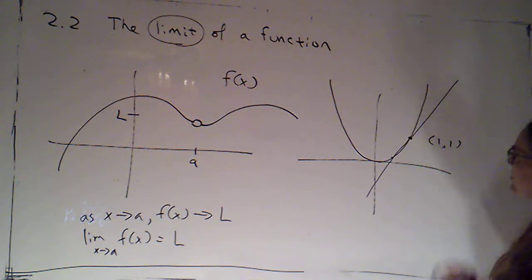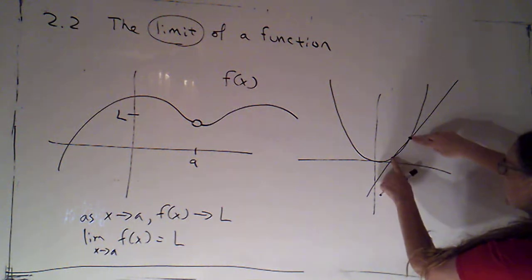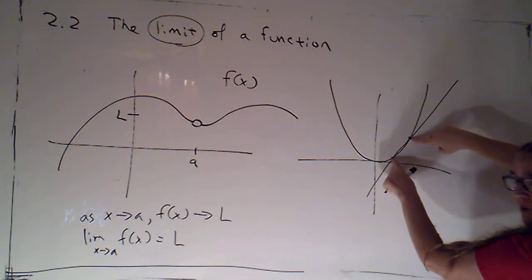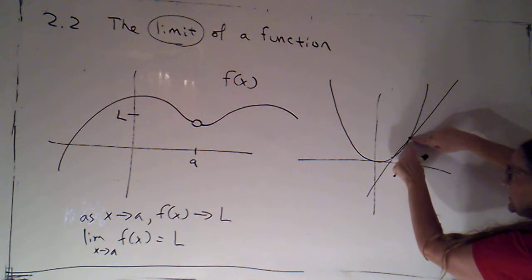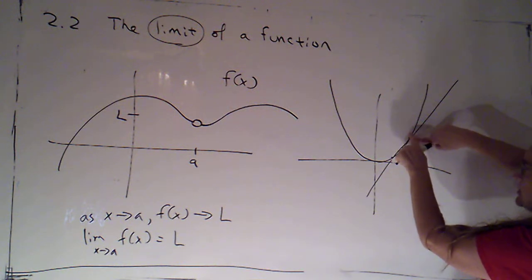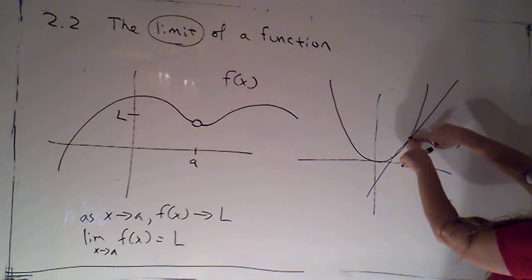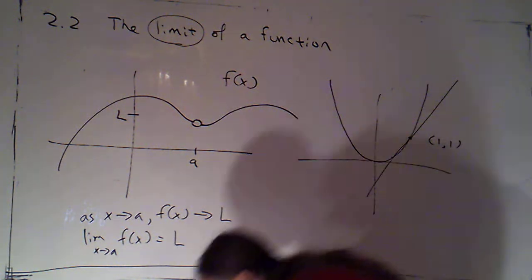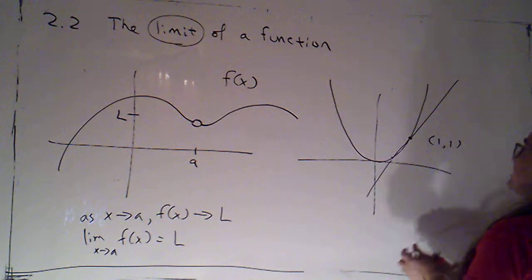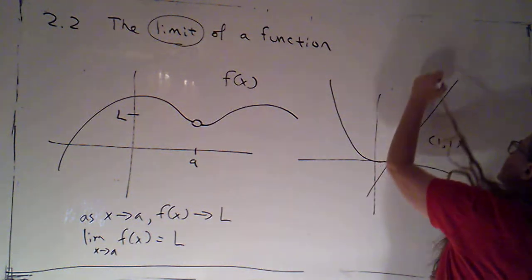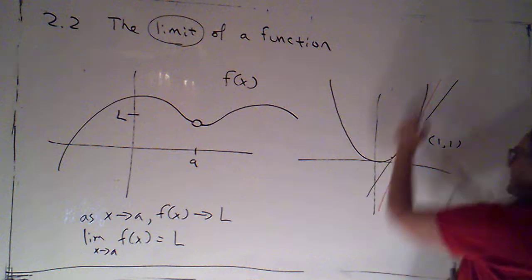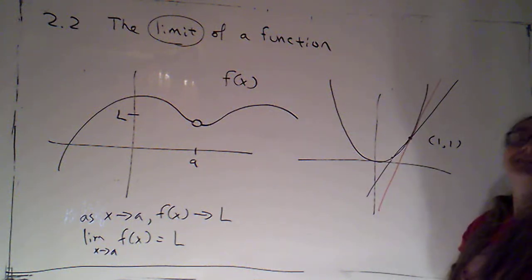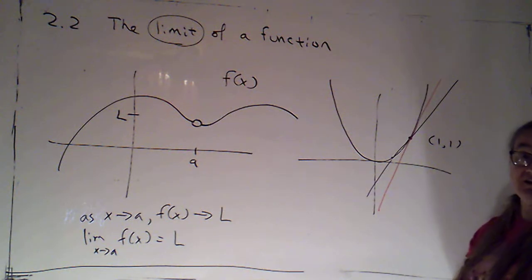And we said we were using those because we wanted the x value of our point to get really, really close to the x value 1, which was our point of tangency. We were hoping that we would notice a pattern so that the slopes of those secant lines would approach the slope of the tangent line.